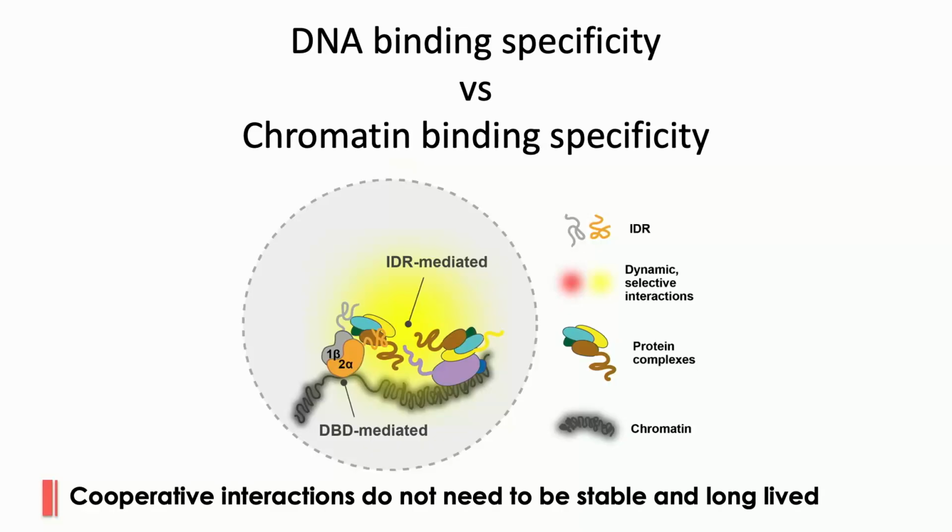And so when we think about a transcription factor, we very often think of it binding to DNA, to a specific DNA sequence. But this is really not the right vision. The right vision is to think about chromatin binding in general.